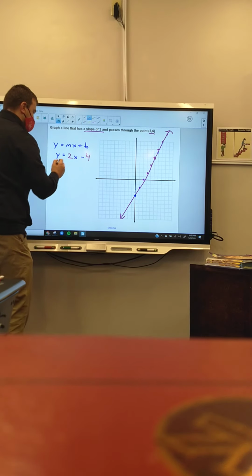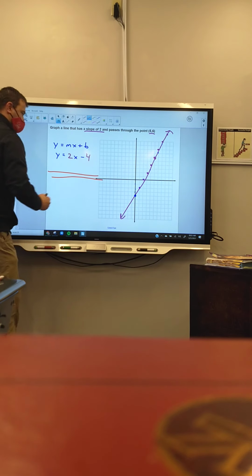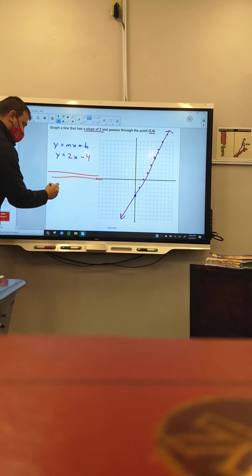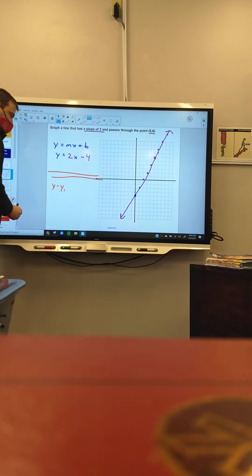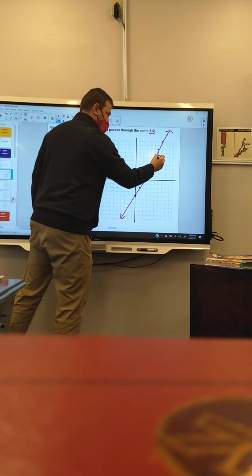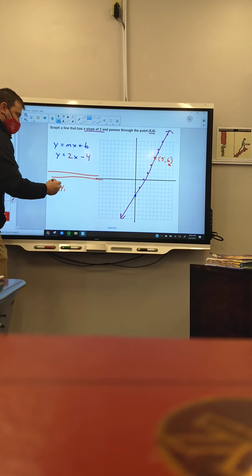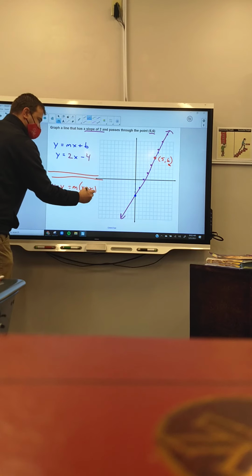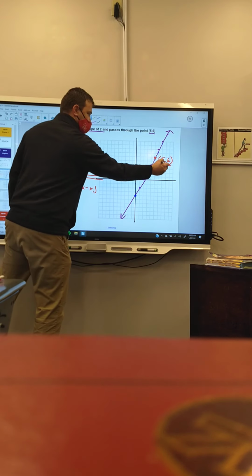But now I also started showing you that other form that we could write this in was point-slope form. So you say y minus a y that we know of, and the y that we know of was this point at (5, 6), so I know that's my y for sure. That equals the slope times x minus an x that I know of. There's the x that I know of.